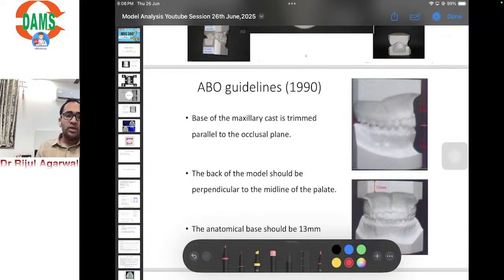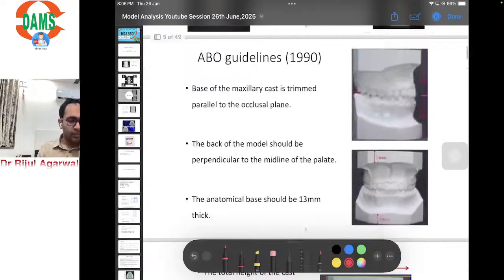The base of the maxillary cast is trimmed parallel to the maxillary occlusal plane. The back should be perpendicular to the midline of the palate, and the base should be 13 millimeter in thickness. Both the maxillary and the mandibular base should be 13 millimeter in thickness.